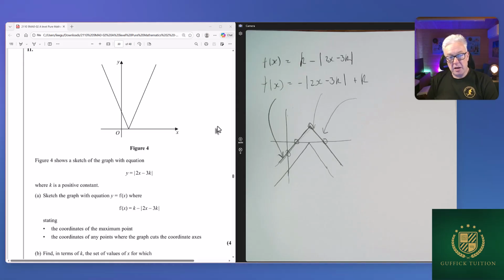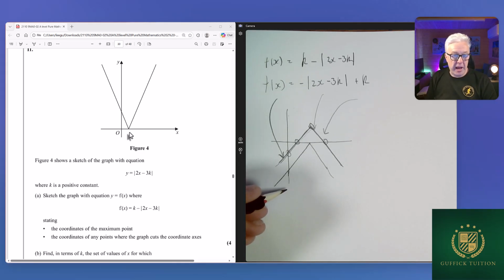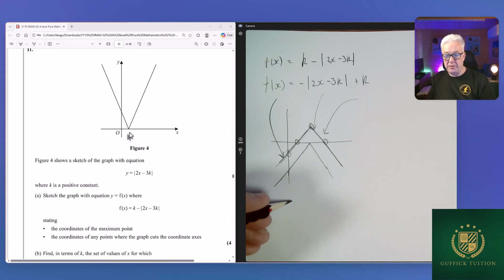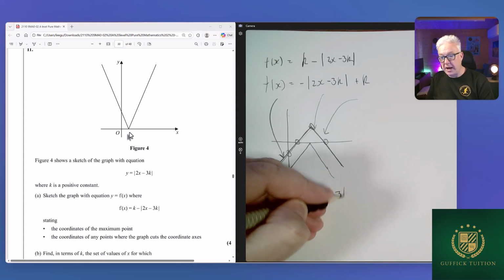Now let's think about our original graph and where the vertex was in the original graph. Something cuts the x-axis when y is equal to 0, so let's go to the original equation to find out where that happens.